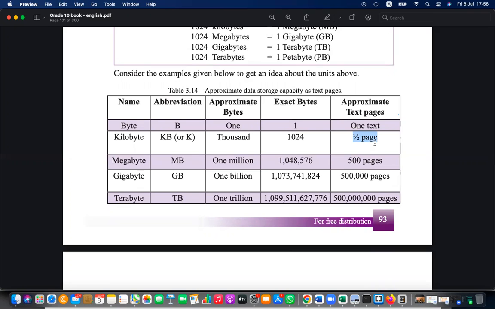Some letters take 2 bytes. So approximately 500 pages can be written in 1 MB, approximately 500,000 pages in GB, approximately 500 million pages in TB.